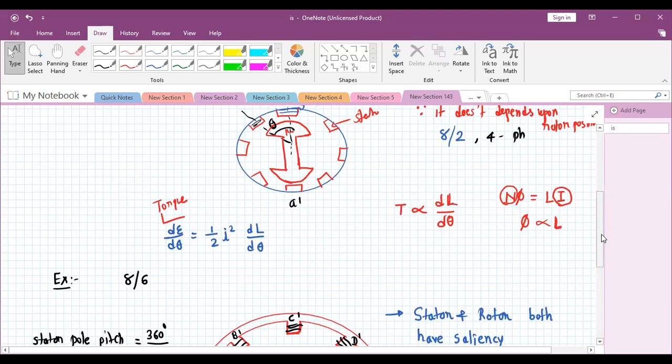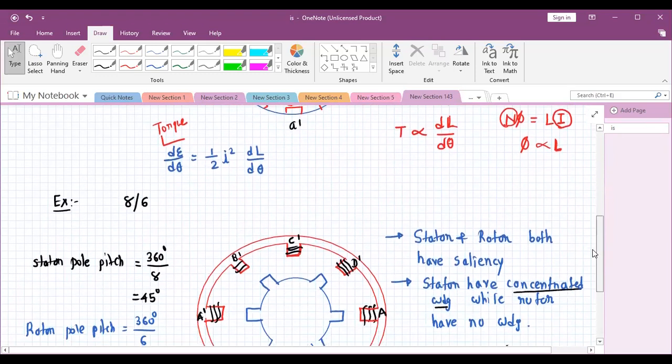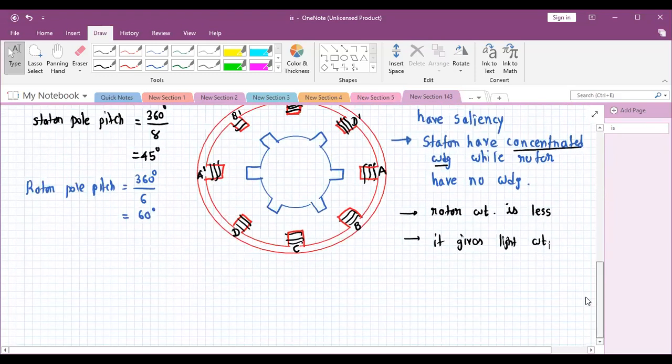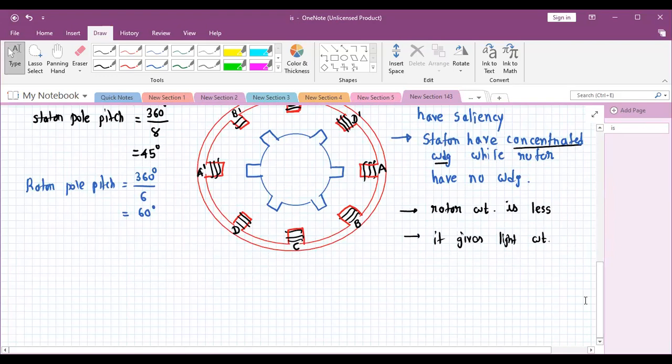So remember this equation, torque is produced. Now see, if I write the equation of torque, then torque is equal to 1/2 I square dL by d theta.